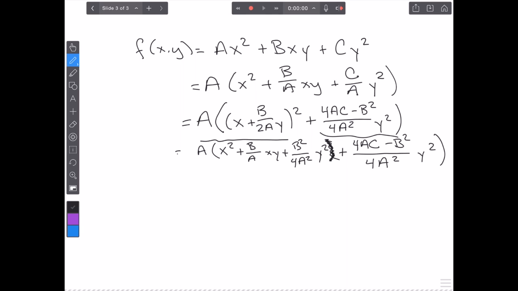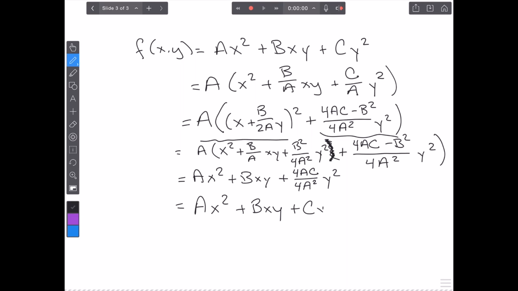If I keep going here, I multiply it out, I get ax squared plus b times xy, and the b squared over 4a squared times y squared term is going to cancel out, and what I end up with is 4 times ac over 4a squared y squared, and you can see that this all simplifies to ax squared plus bxy plus cy squared.